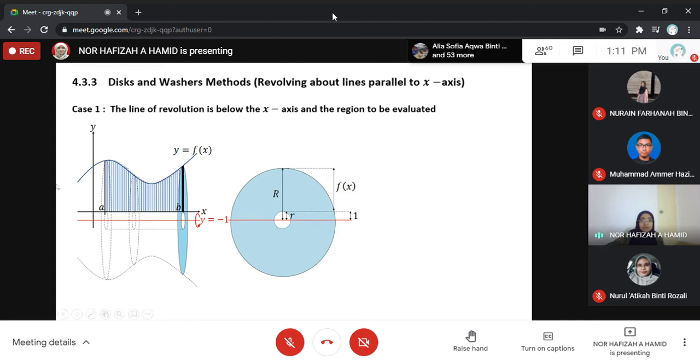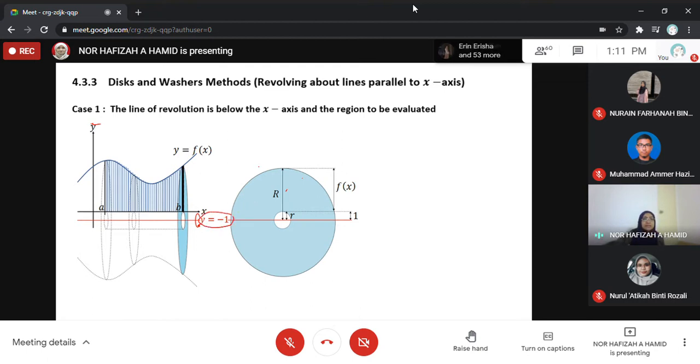Okay, so for case 1, for example, revolve at line y equal to -1. So sebelum ni kita revolve pada x or y je. So sekarang ni kita ubah lah. Okay, dia ubah tu line y equal to -1. Okay, so dia kat sini, dia revolve at line y equal to -1.